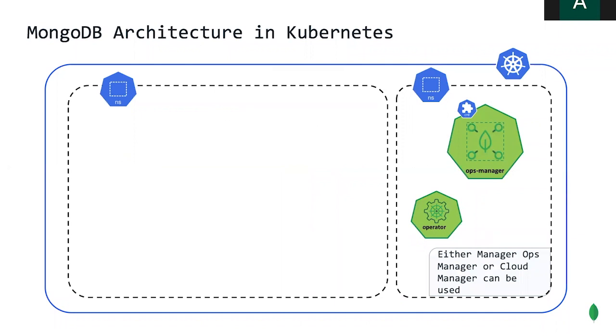If we look at the diagram, here we have a Kubernetes cluster and one namespace where we have our operator, which deploys the Ops Manager application. This is an isolated management namespace where we have this management tool running. Now we have our namespace where we'd like to deploy our MongoDB cluster. Most likely that's where the application is going to be as well.